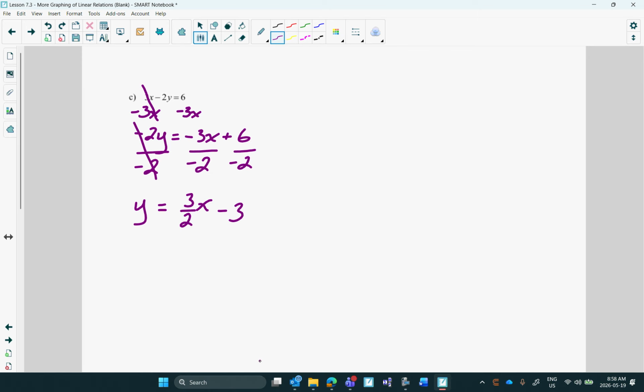Notice we have a fraction. What am I going to pick for these x values? Zero. What's the next one? 2, and 6 would work, but why not 4?